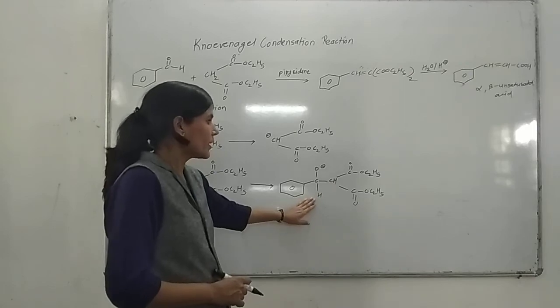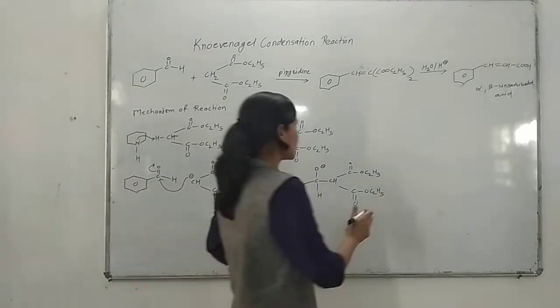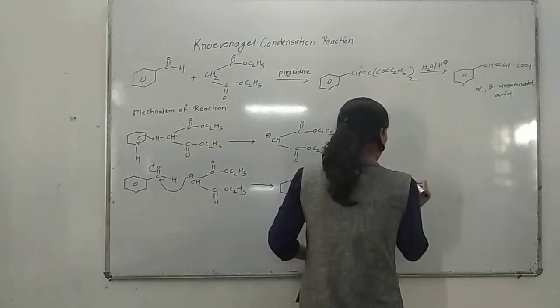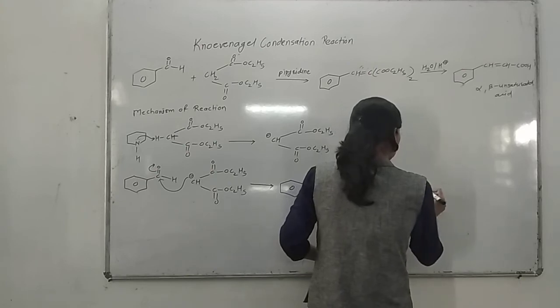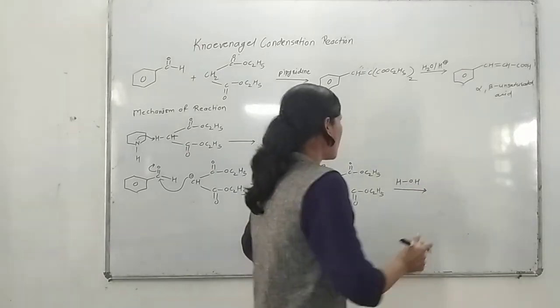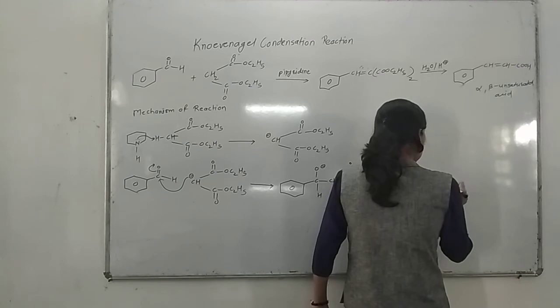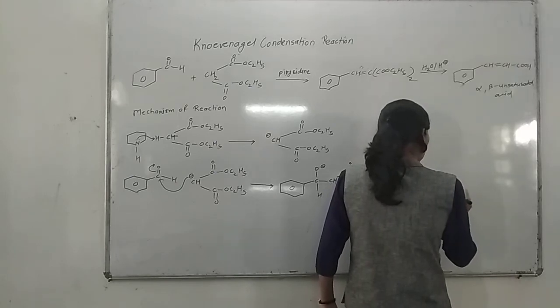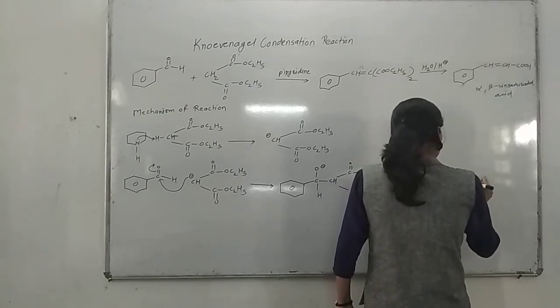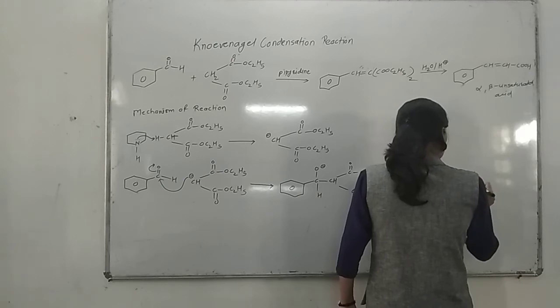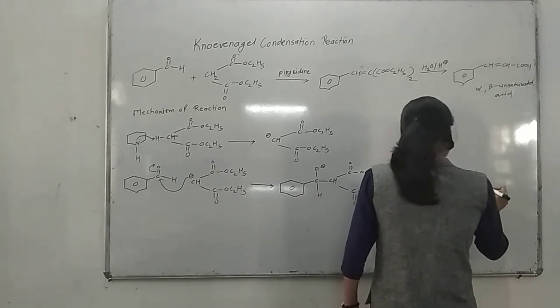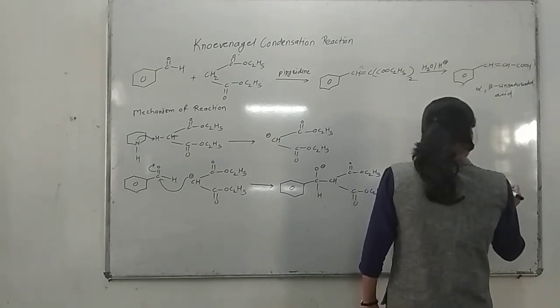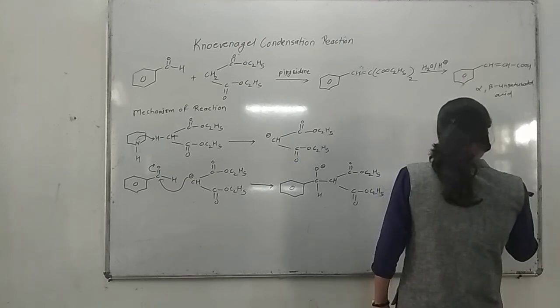In the next step, this tetrahedral intermediate attracts a proton from water. This results in the formation of this type of compound, C6H5CHOH CH(COOC2H5) twice.